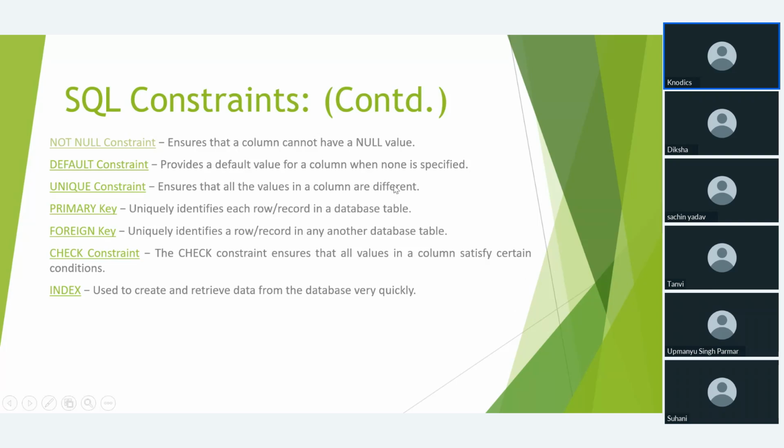Basically, first of all, there is not null constraint. So what is this not null constraint? Not null constraint is to ensure that any column which requires some value to be there should not be blank. For example, if you have a table and that table has the employee records, right?